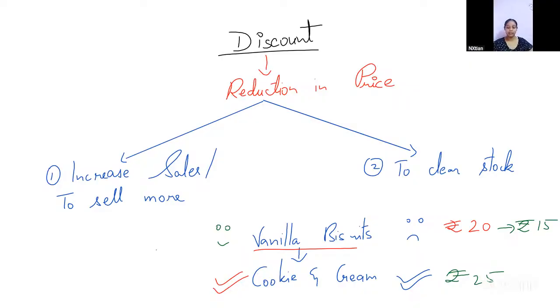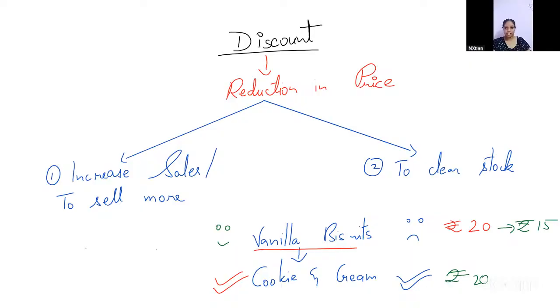But because cookie and cream was a new flavor, and people wanted to try this new flavor, see, let's say the cookie and cream was also 20. People were buying cookie and cream only because it was a new flavor and people were loving it.